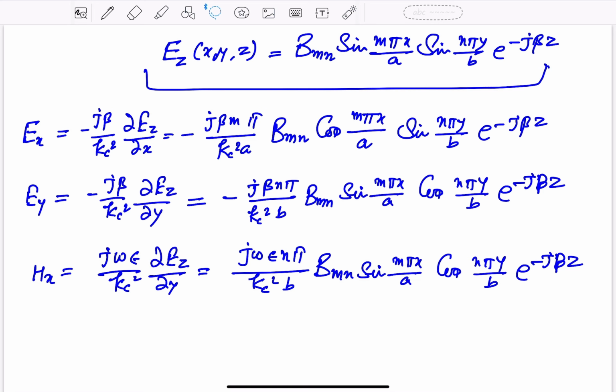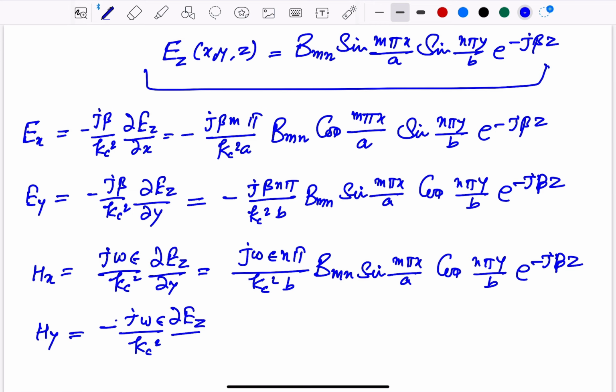So this facility you cannot get while writing on a board. Now the last one is Hy, minus j omega epsilon over kc square dou Ez over dou x.